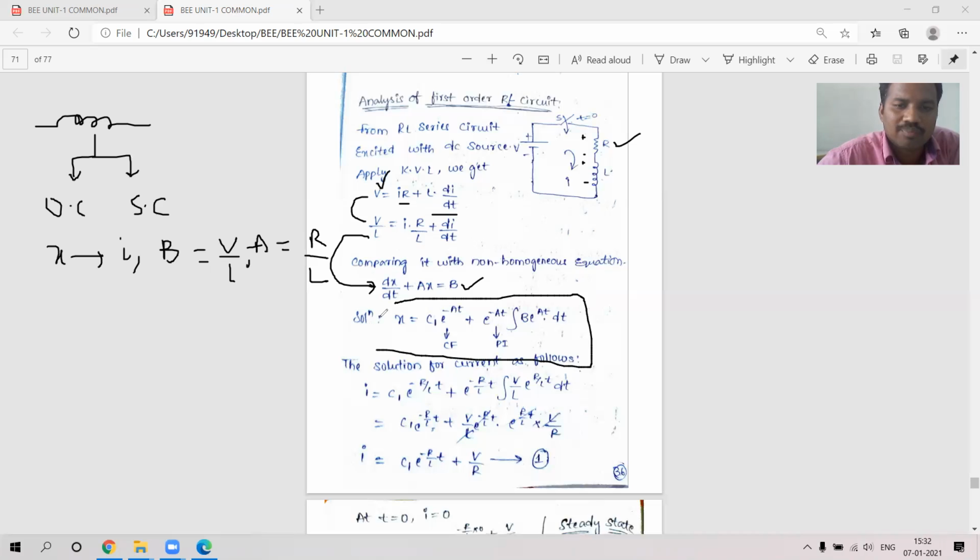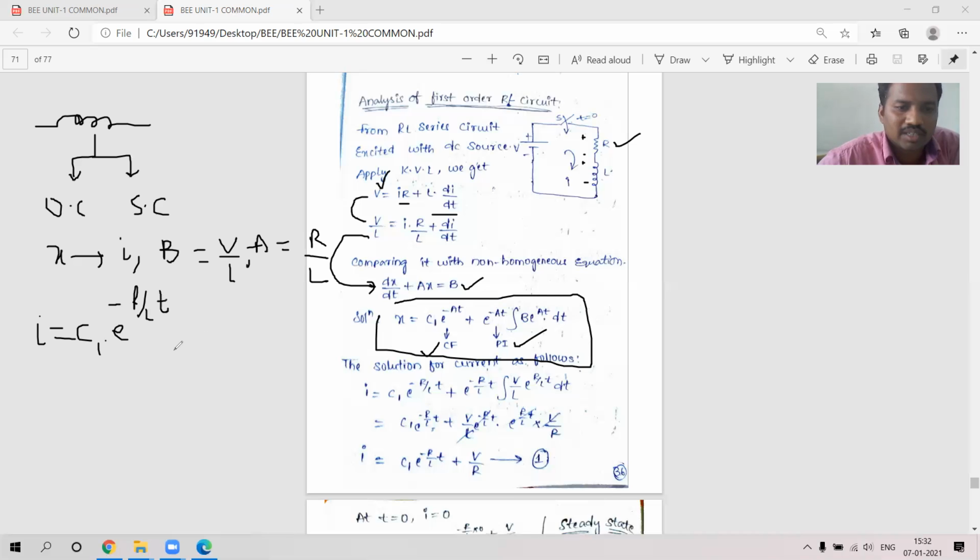The formula is x equals C1 e power minus at plus e power minus at integral of b into e power at dt. The first part is the complementary function, the second part is the particular integral. When you substitute, x is replaced by I, C1 is the constant, e power minus at, where a is R by L, so e power minus R by L into t.